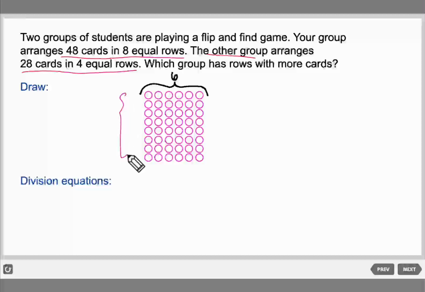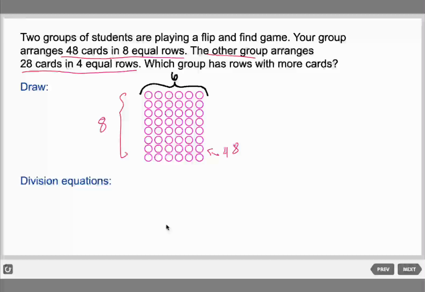I need the division equation for this array. We have 8 rows and 6 columns, and the total is 48. Okay, give me the division equation. What is the dividend? The total?